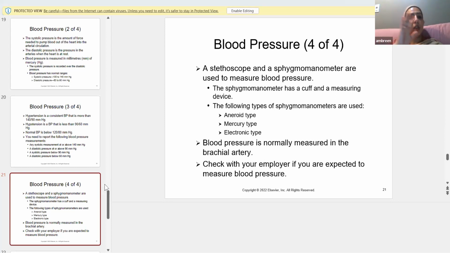We always use electronic ones at our facilities and hospitals, but sometimes nurses have issues with clients. They cannot get a proper reading of their blood pressure because these machines are sensitive. That time we use manual ones.